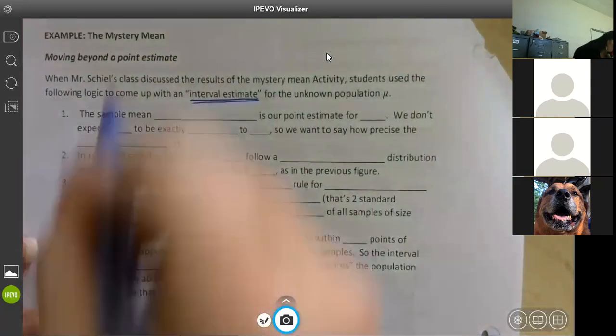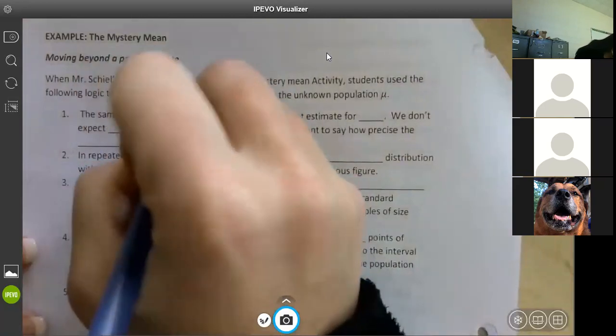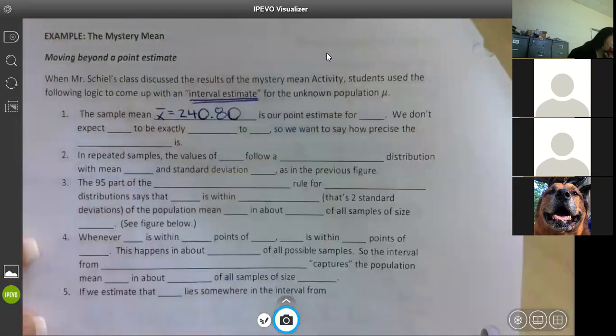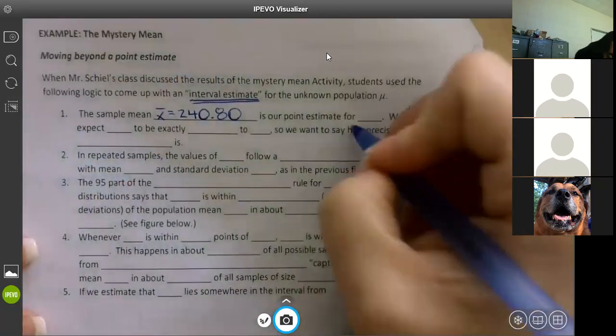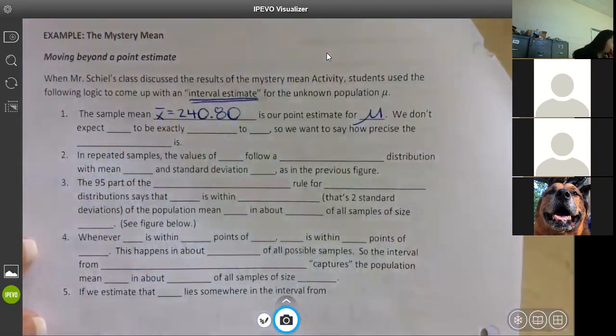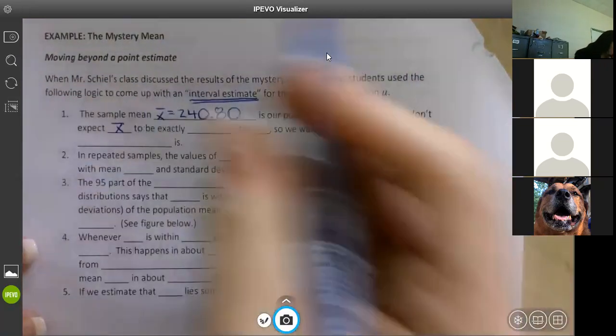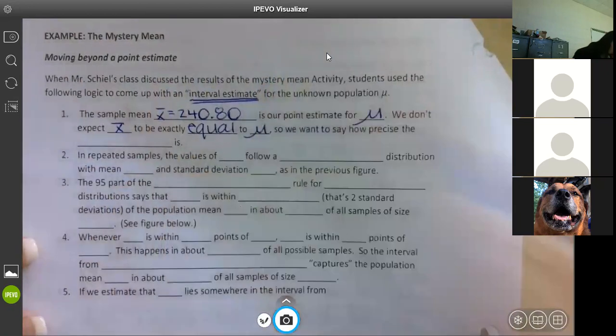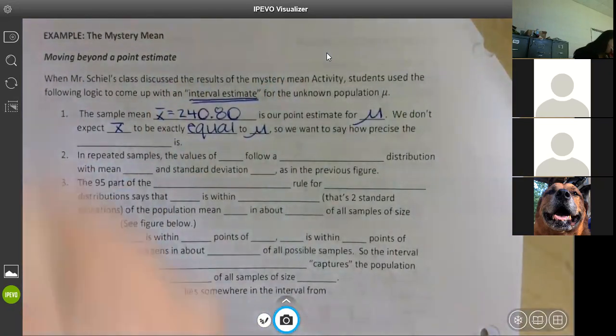All right, the sample mean X bar, which was equal to 240.80, is our point estimate for mu. We don't expect X bar to be exactly equal to mu. So we want to say how precise the estimate is.